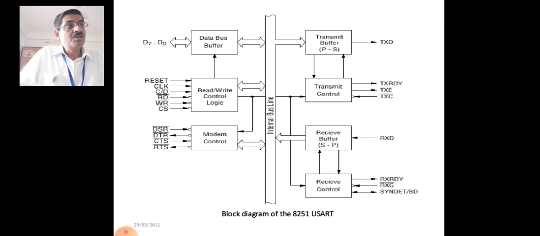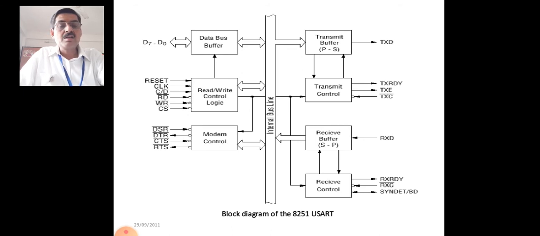This rate is also known as the baud rate. Baud rate means data bits per second. It is the unit of data transmission or reception, showing the bits transmitted or received per second.